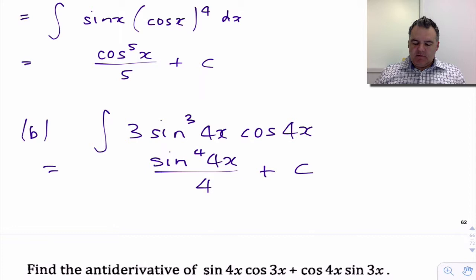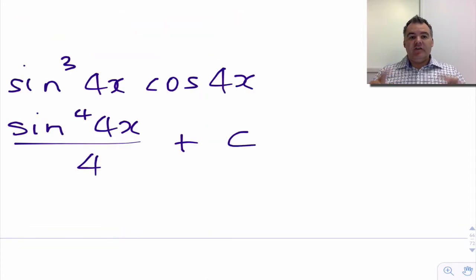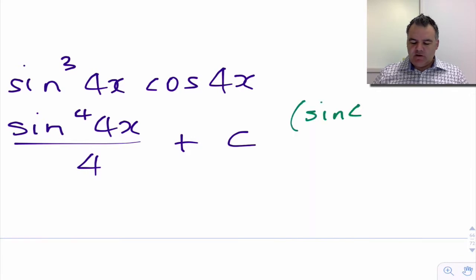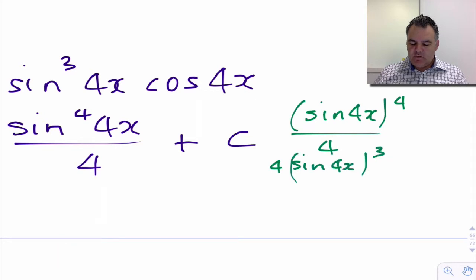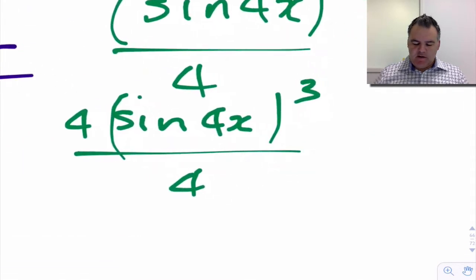Now, how much are we out by there? Let's differentiate that function and see how far we're out, because I think we're just going to need to add a number on the start and we'll have this right. So the derivative of sine 4x to the power of 4, let's do the derivative of this function. So we'll have 4 sine of 4x cubed, leave the 4 on the bottom line there, and then we need to multiply by the derivative of the inner function, which is sine 4x.